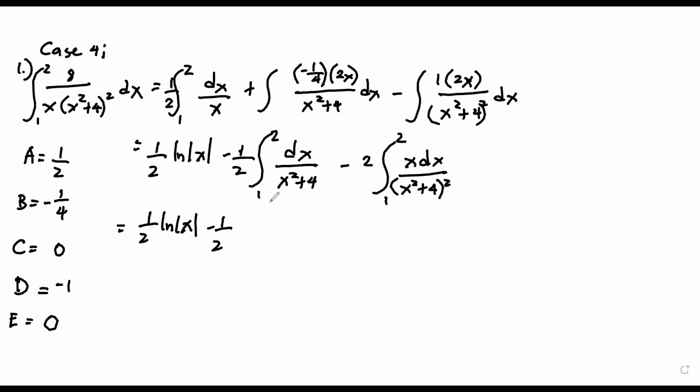So meron tayo ditong u is x squared plus 4, du is 2x dx. Divide both sides by 2, so we will have another 1/2.